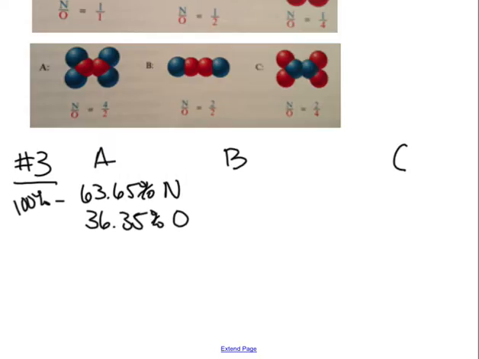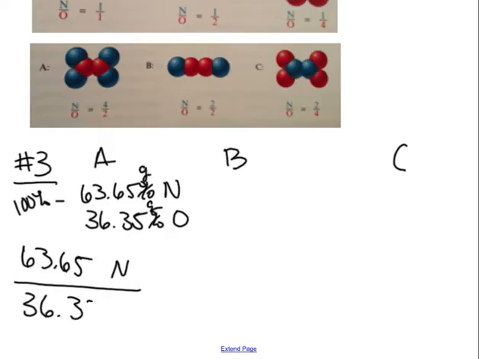Remember in empirical formulas, we just pretended those percentages are grams? So I'm going to set up a proportion. 63.65 grams of nitrogen is to 36.35 as what is to 1 gram.